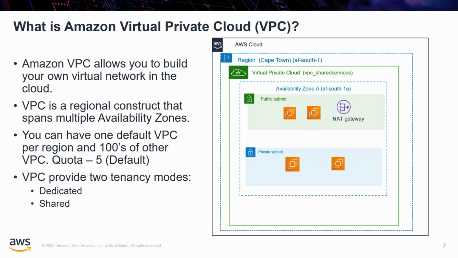So a VPC is a regional construct. For example, you can have a VPC in Cape Town that spans all the 3 availability zones within Cape Town. There is a convention that is followed by AWS when they specify these availability zones and regions. For example, the Cape Town region is af-south-1, and then availability zones a, b, and c imply the 3 availability zones.